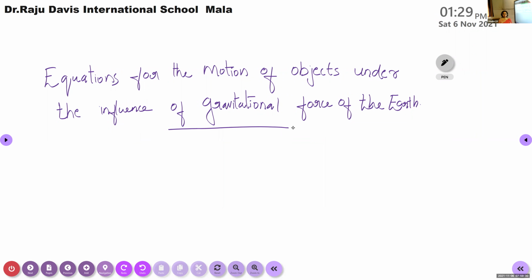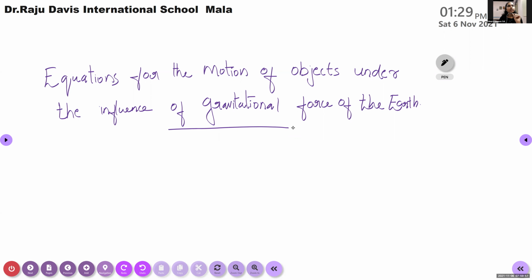We have three equations of motion, so try to recall all these three equations. We can start with Hira. What is the first equation of motion?